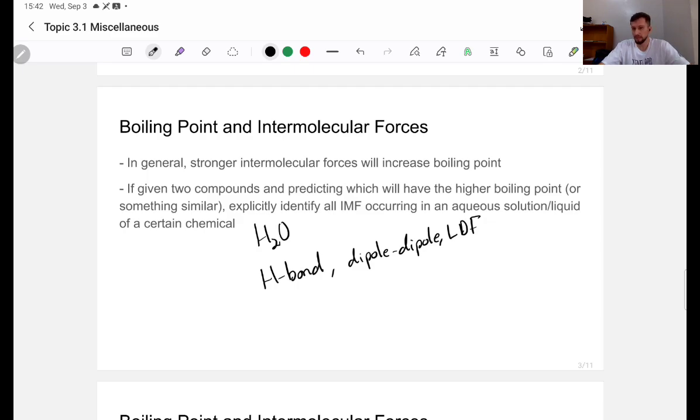And if there's a polar molecule and a nonpolar molecule, you can list LDF and you can list induced dipoles. So it's very important to mention all the different intermolecular forces that could be occurring, not just, quote unquote, the strongest ones. Okay?